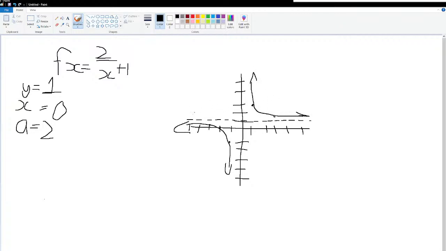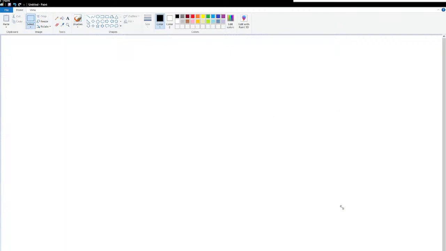Asymptotes, for those of you who are wondering, are just a line that never gets touched. So when you enter this on the graph, you will notice that this is the lowest point it will go. It's not going to be going lower. Okay. I feel like a teacher, even though I don't know what I'm doing. After that, we're going to be going over to this exponential function.